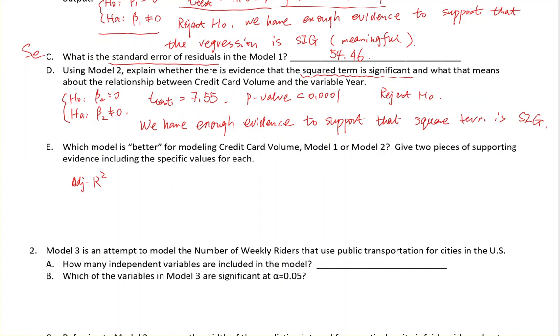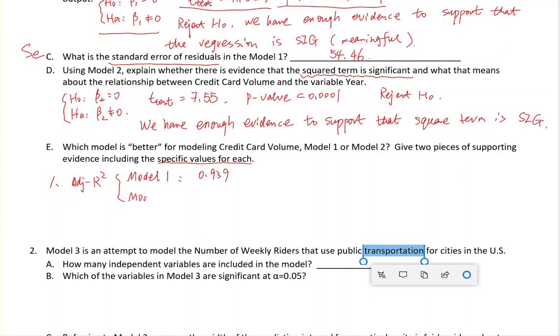So here we say give two pieces of supporting evidence, including the specific value for each. So this is my first supporting evidence. For Model 1, I have the adjusted R-square, which is 0.939.